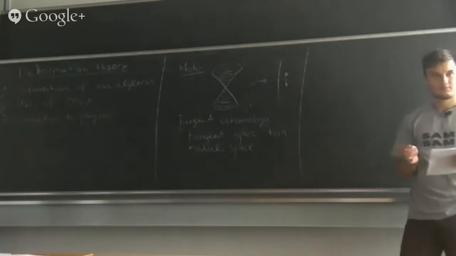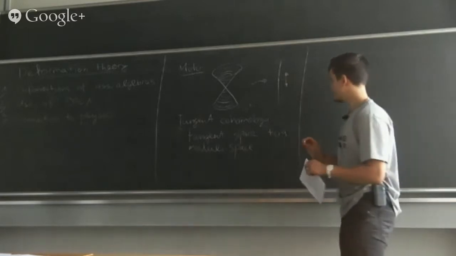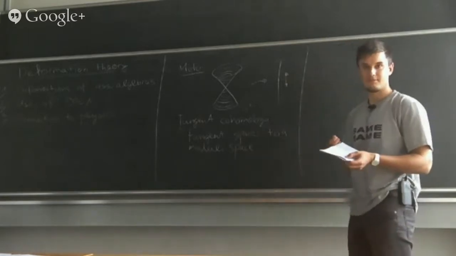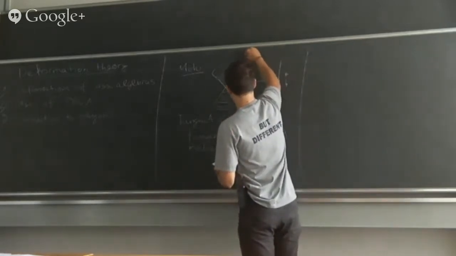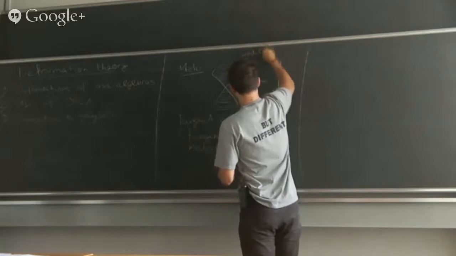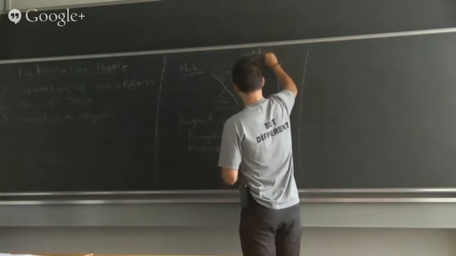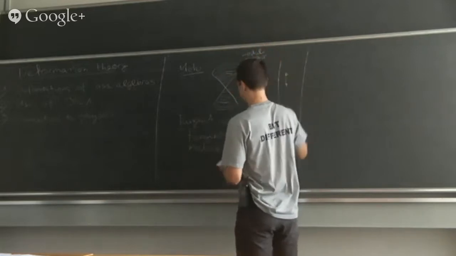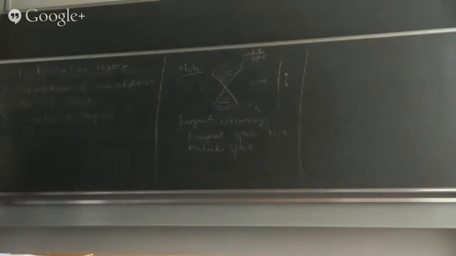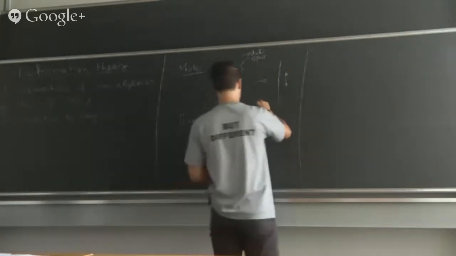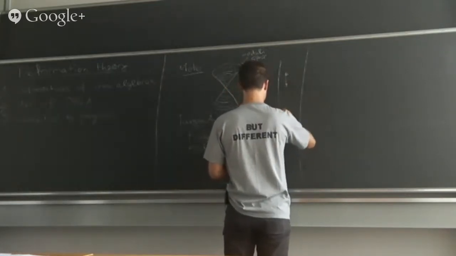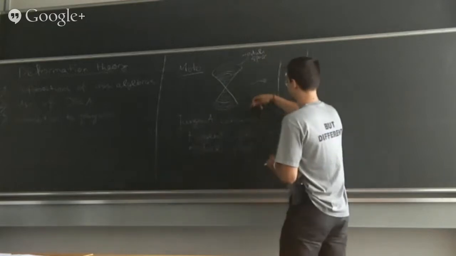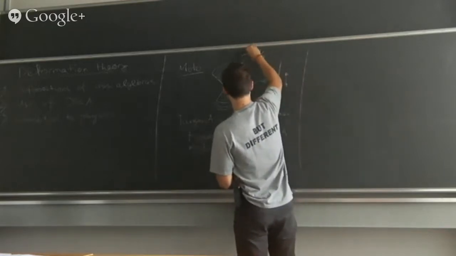So the moduli space is on the left and the cohomology is on the right. That's the root action on the moduli space as a whole.